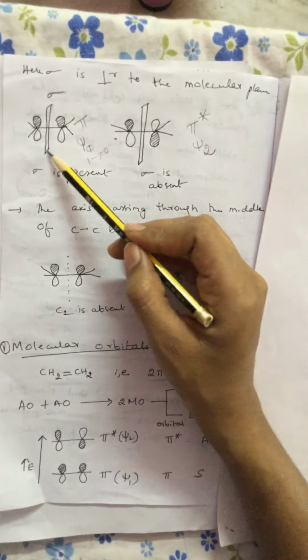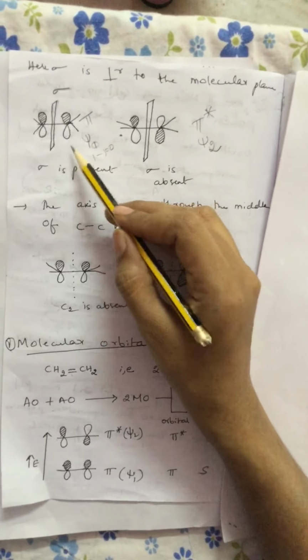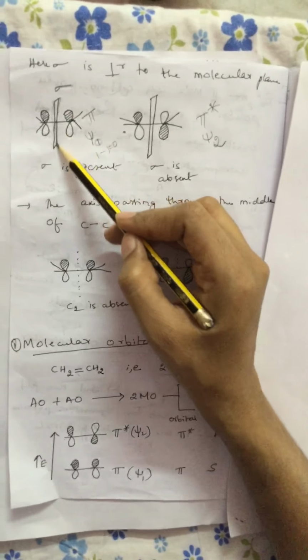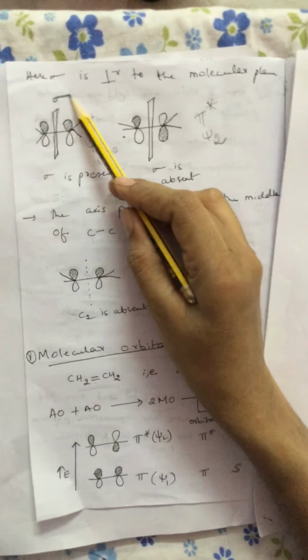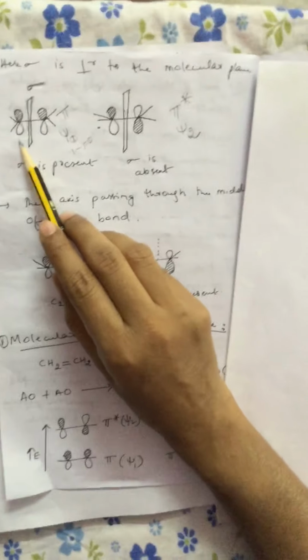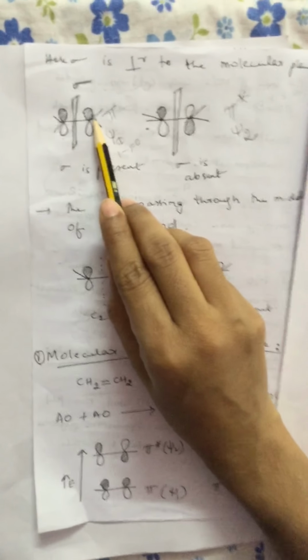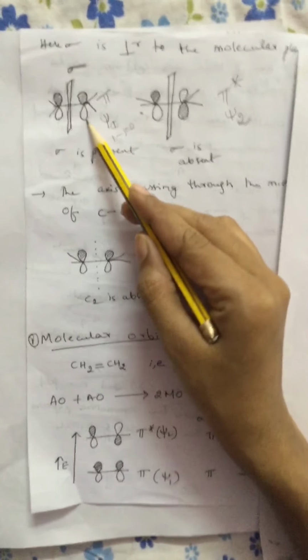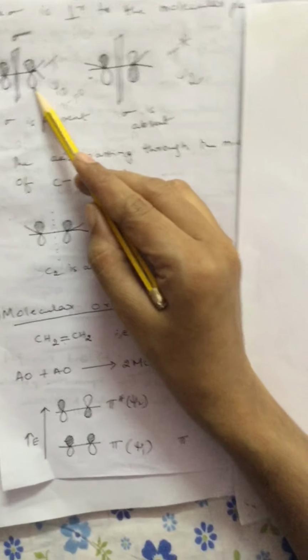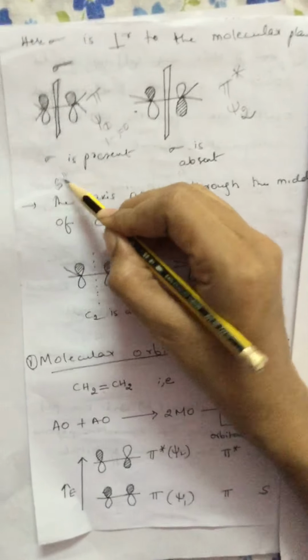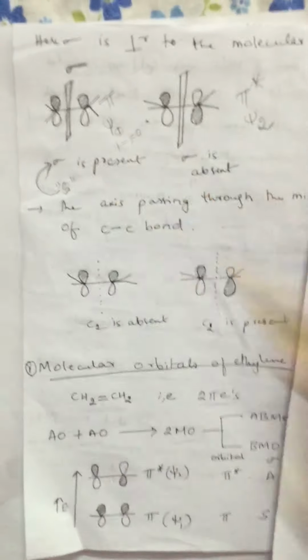Once you draw psi 1, if you want to know whether it is symmetric or anti-symmetric with sigma, just put a plane and observe whether this half is a mirror reflection of this half or not. For example, the shaded is getting reflected on top, the unshaded is getting reflected on the bottom. That means it has sigma. So you can say that it is symmetric with respect to sigma.